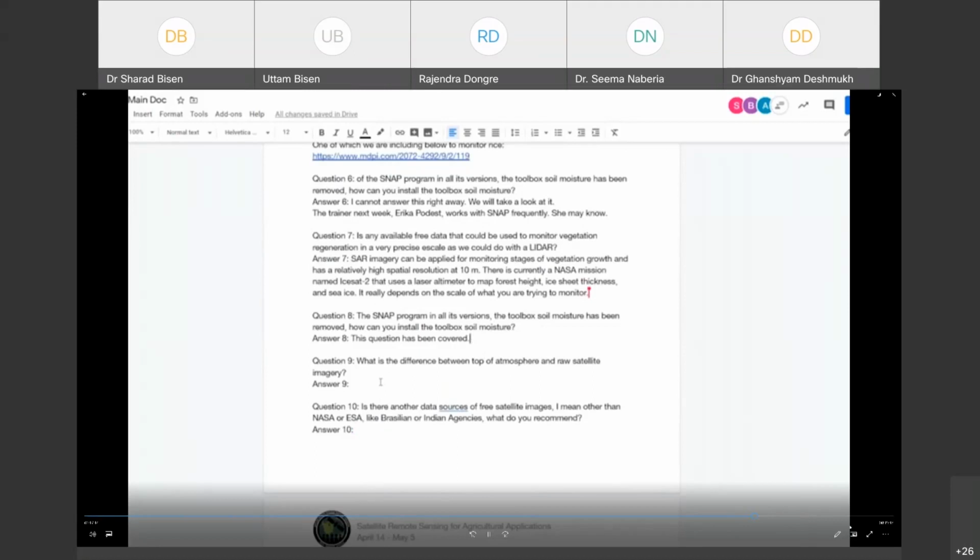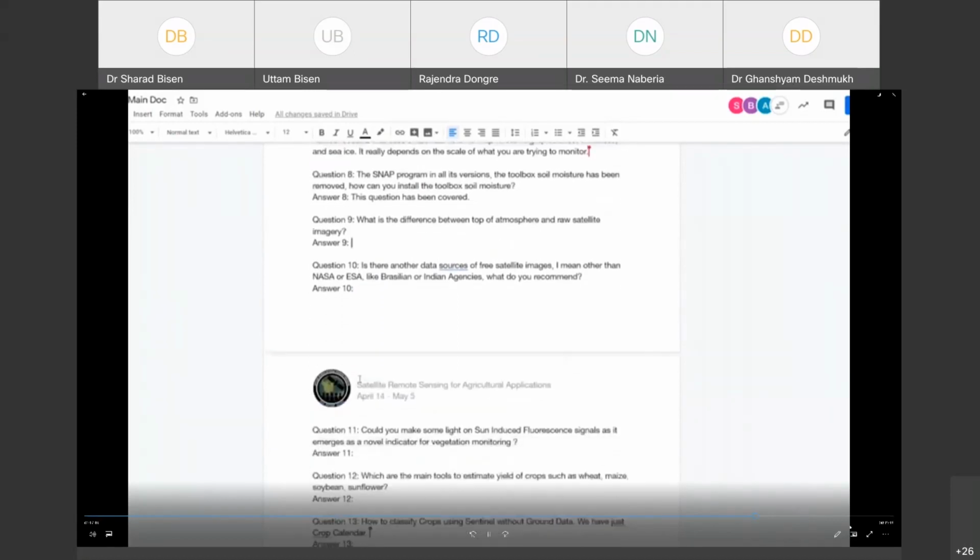So question 8, I believe we've already covered that one. Question 9, what is the difference between top of atmosphere and raw satellite imagery? Top of atmosphere reflectance has been corrected radiometrically, and it is the light that's collected as it appears from the top of the atmosphere.